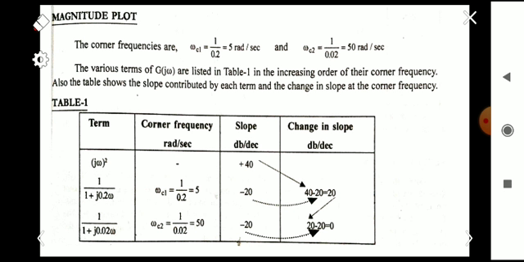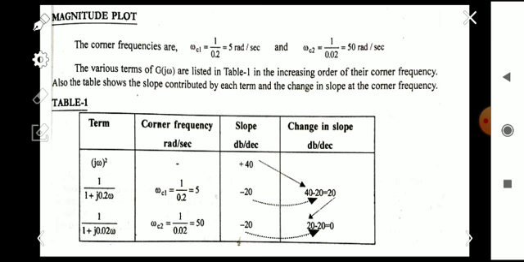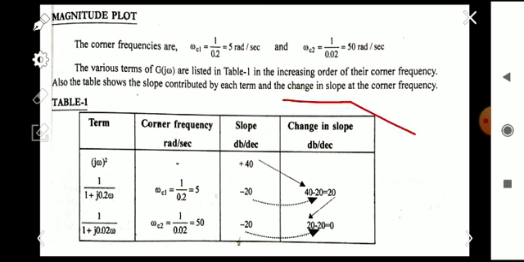From our earlier knowledge, we understood that corner frequencies exist for first order and second order systems. The corner frequency is nothing but the joining of two asymptotes. If you are drawing the magnitude plot, there will be a slope change at a particular frequency, and the frequency corresponding to that slope change is the corner frequency omega c.